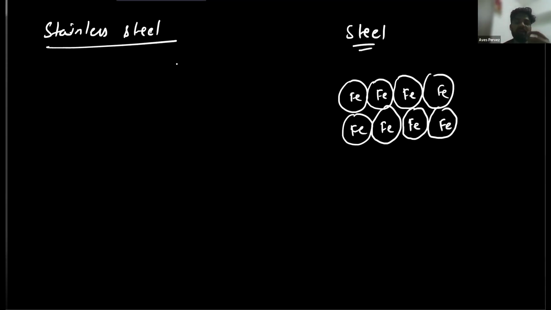Now we have observed that iron alone is not as hard as steel. Why? Because we need a substance that does not distort when a train is passing over it. Heavy mass is passing over it, so if these atoms get distorted, the railway track can easily break.